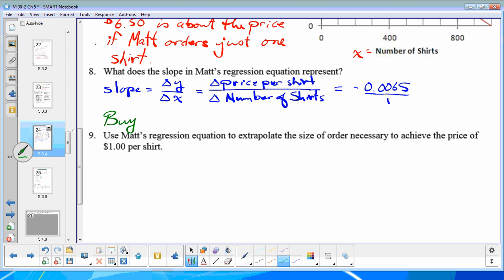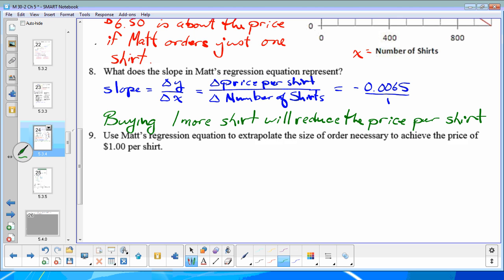Buying one more shirt will reduce the price per shirt by $0.0065 or 0.65 cents.